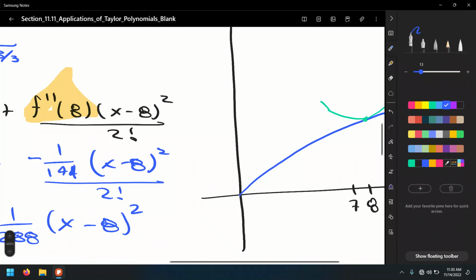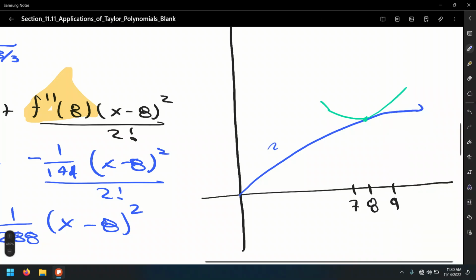Let's call this f of x, and let's call the green graph t sub 2. That is the Taylor approximation of second degree.